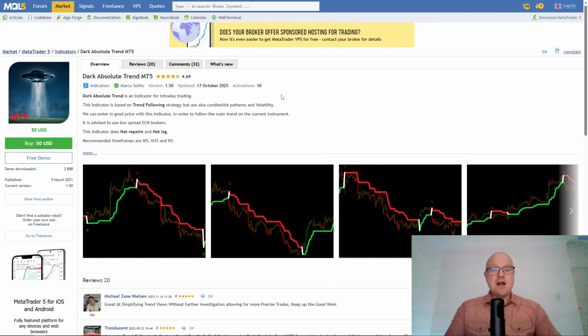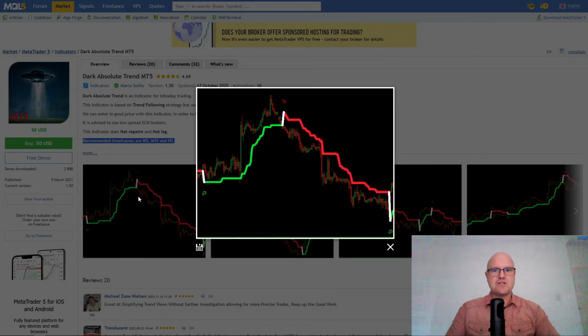Now, whenever looking at any new Expert Advisor, I always want to take a closer look at the developer and see how long they've been creating EAs and indicators, and is it possible that they have some signals to show what their tools do in the live market results.